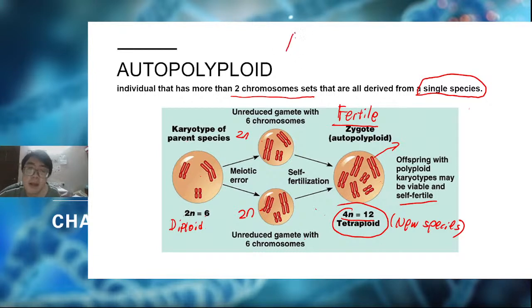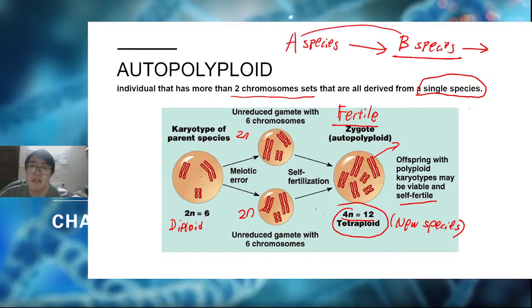Macam ibu bapa mereka is A species. Lepas tu mereka akan lahir B species punya tumbuhan. Lepas tu B species kalau nak melahirkan anak, dia tak boleh cari A species. Macam orang, ini human, senang sikit. Human tu melahirkan anjing, contoh spesies yang langsung berbeza.